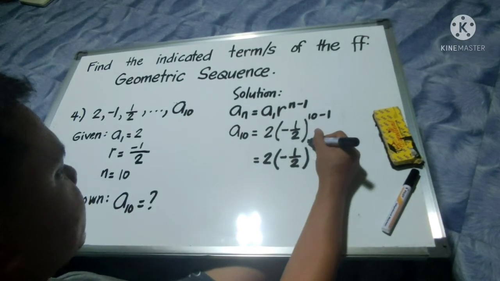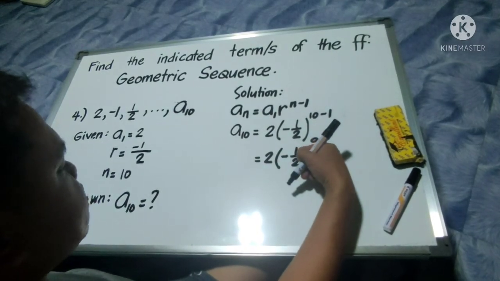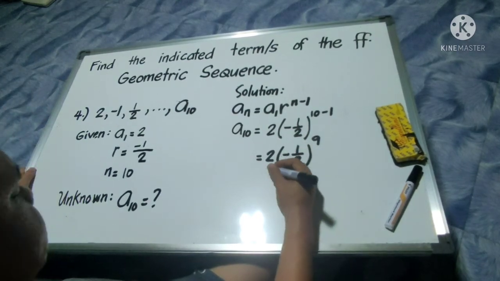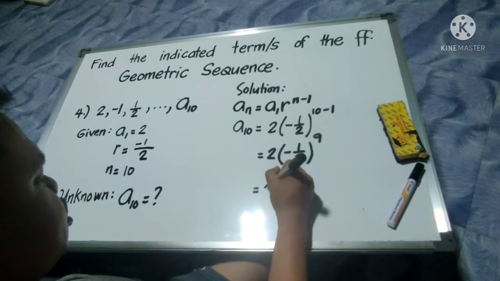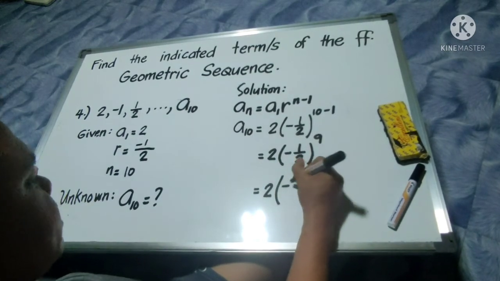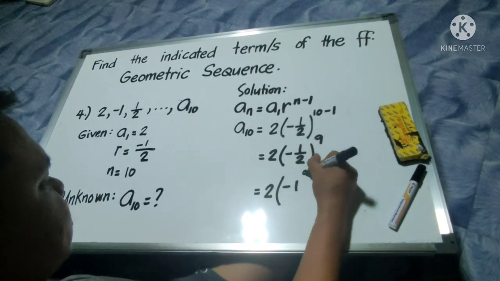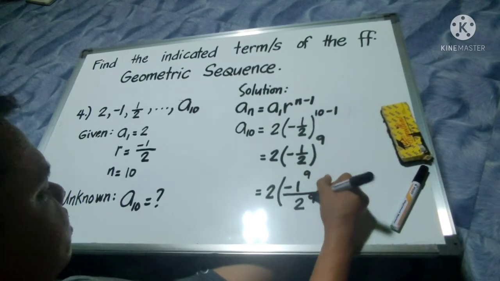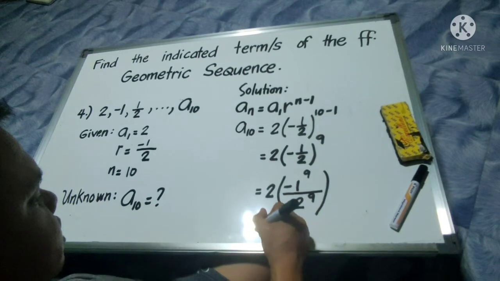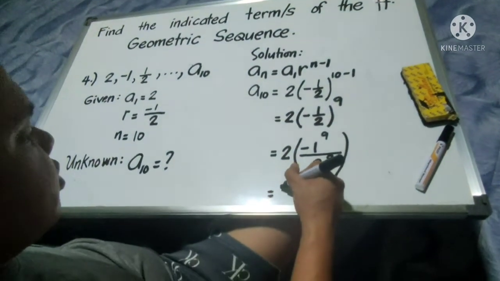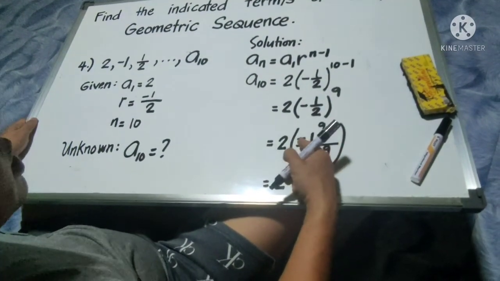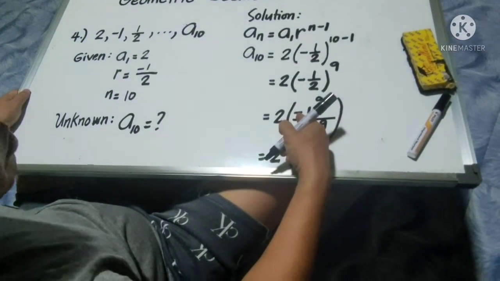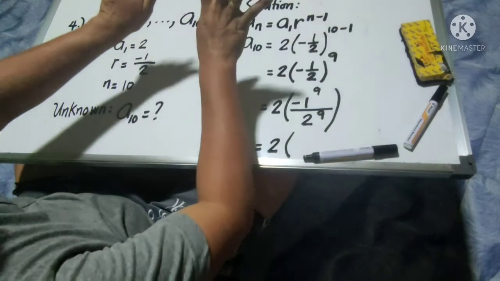This exponent 9 will be distributed to the numerator and the denominator of the fraction as exponent. So this will become 2 times negative 1 to the exponent of 9 over 2 to the exponent of 9. Now let's simplify. Negative 1 will be multiplied by itself 9 times.